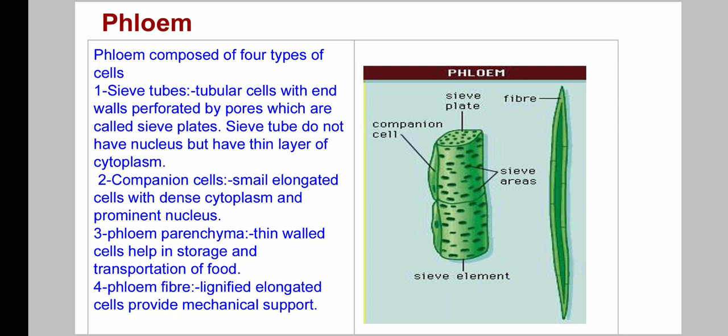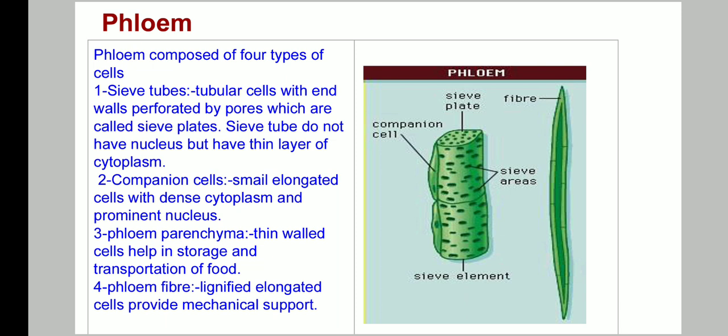Phloem again is composed of four types of cells. Sieve tubes, you can see in the diagram, are tubular cells with end walls perforated by pores which are called sieve plates. You can see in the diagram the sieve plate which has holes in it.